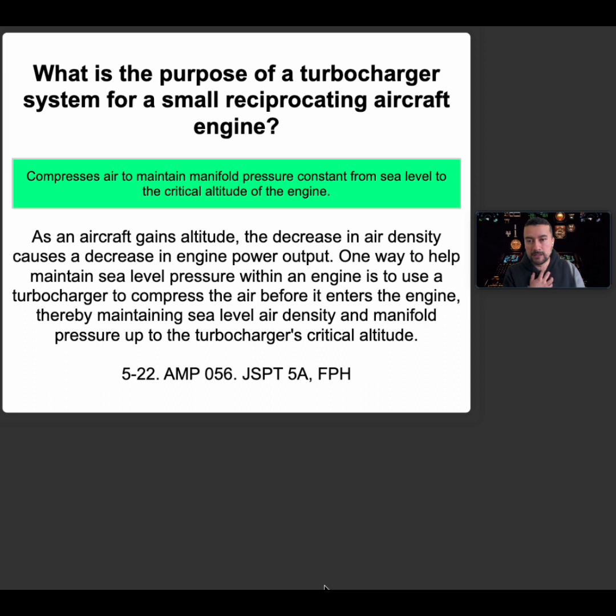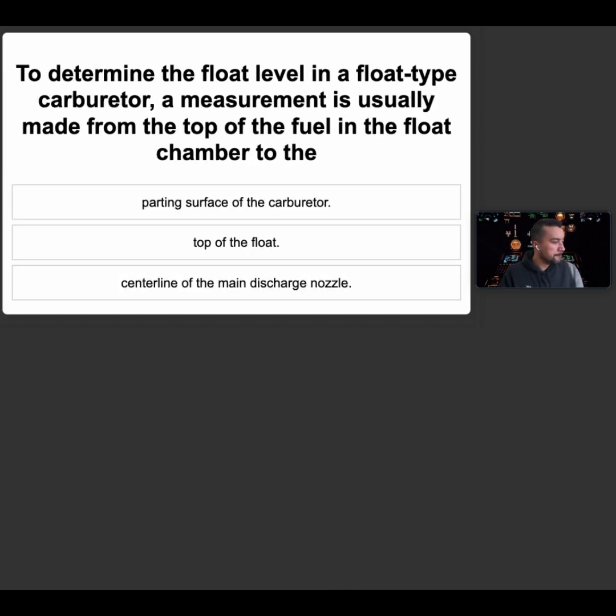Next one. To determine the float level in a float-type carburetor, measurement is usually made from the top of the fuel in the float chamber to the... So, let's go to understand this question. To determine the float level in a float-type carburetor, a measurement is usually made from the top of the fuel in the float chamber to the parting surface of the carburetor.